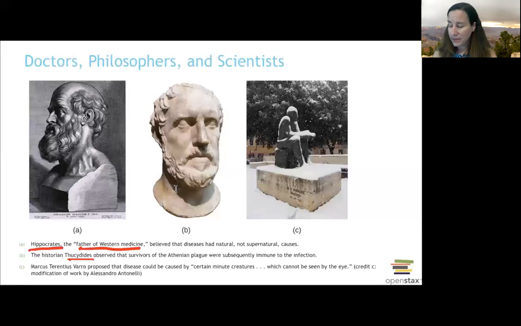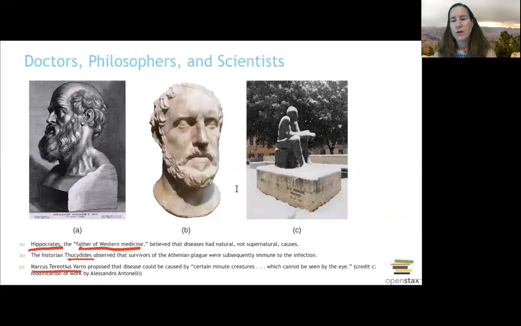All right, so Marcus Terentius Varro, he was a writer, an author. We've already said that it's not supernatural. Hippocrates said it's not supernatural. We've talked about this bad air. So it's got to be something small.